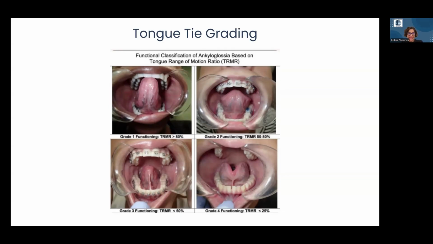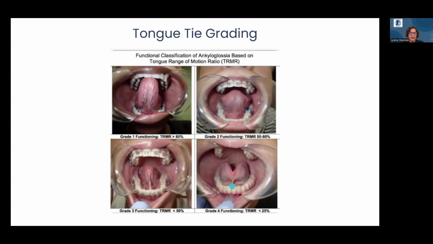You divide that second measurement, with the tongue up, by the first measurement and multiply it by 100 to obtain a percentage. If that measurement is greater than 80%, you have typical tongue mobility. If it is 50 to 80%, you have a mild restriction. And if it's less than 50%, it's a moderate to severe restriction.